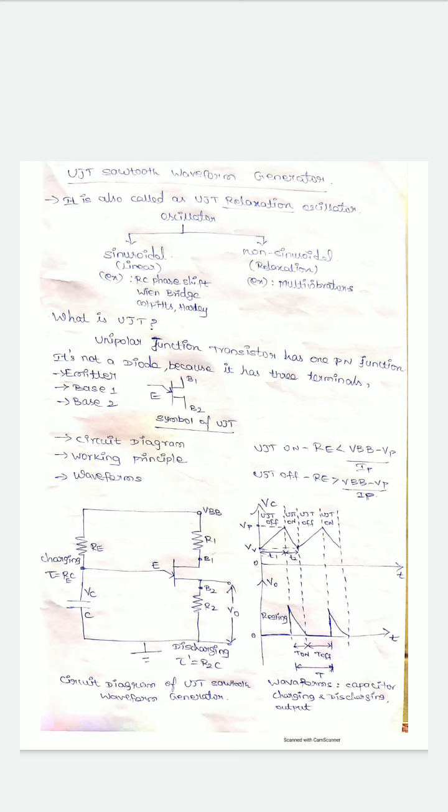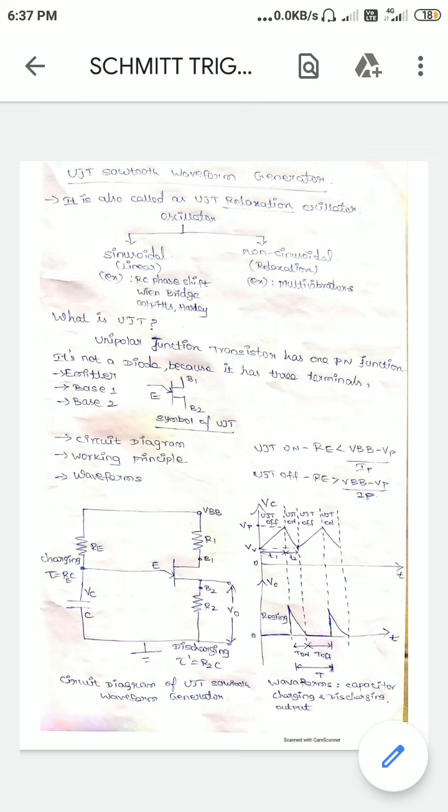Coming to the waveform, during the charging cycle the capacitor voltage is increasing from valley voltage to peak voltage. See, the waveform is increasing exponentially. That time period is called T1.